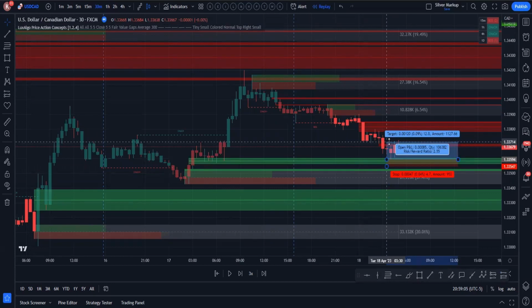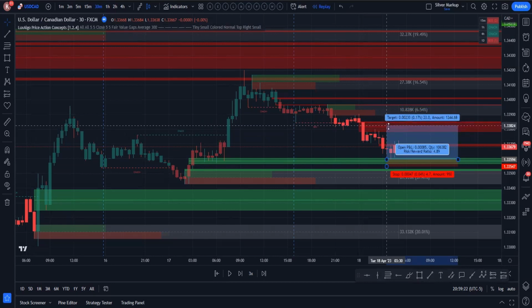Now, I can go into different risk management where you have 2 or 3 positions open at the same time, all within a 2% risk. And you can have a 2-to-1 for your first trade, a 4-to-1 for your second trade. You can go 6-to-1 for your third trade. That's the way that I personally trade.